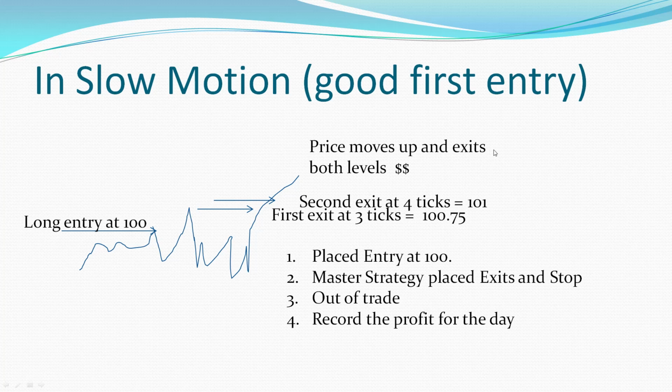And so once we're out of the trade with money on both levels, at that point we would want to record our profit for the day, right? I always write down what I have made for the day, just in case I run into the reverse scenario, and we'll get into that in a little bit. So this is just a simple example. We made a multi-unit trade, didn't have to do anything else, and it just gave us our profits.